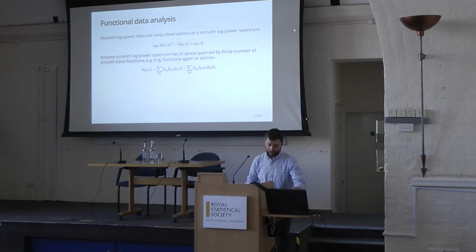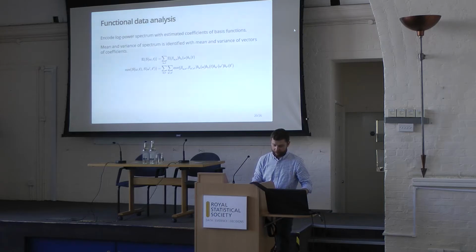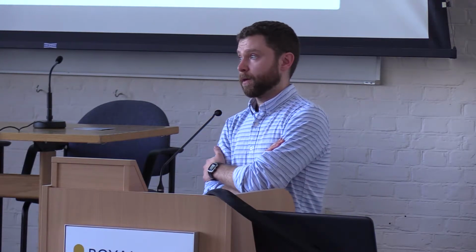If you do something like this, then the surface S can be described in terms of the coefficients multiplying the known basis functions. And so your problem of describing a great big, potentially infinite-dimensional surface reduces down to a statistical problem about getting a vector of coefficients.